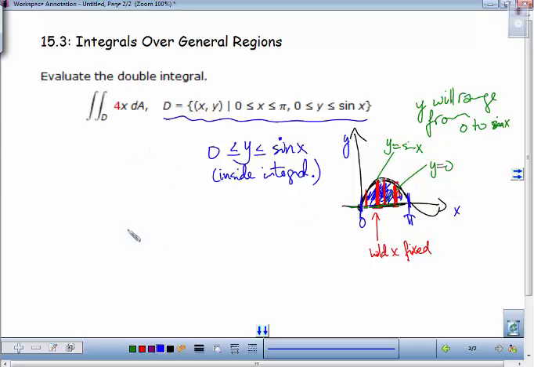Okay, so my inner integral is going to integrate this 4x, and then I'm going to integrate with respect to y. So for each slice, I'm going to run along the y from 0 to some function. So dy from 0 to sine of x.